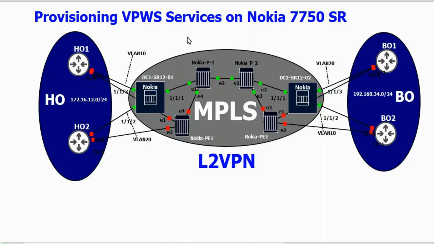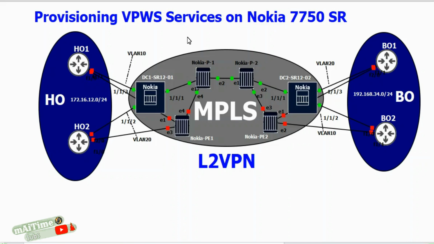If you compare to other vendors like Cisco, Juniper and Huawei, they simply call it L2VPN. But Nokia calls it the EPIPE service, Ethernet pipe.